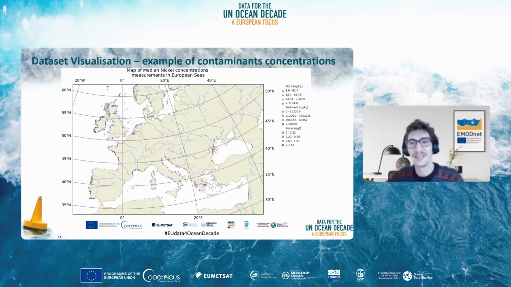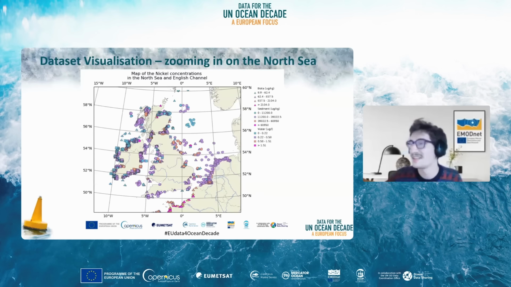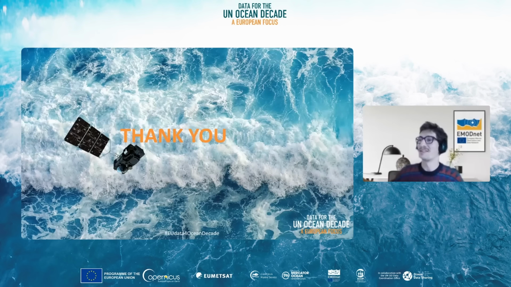So we can also zoom into the data and get a better view of what is within the North Sea, for example. And this is one of the many possible visualizations and ways to access data for EMODnet.